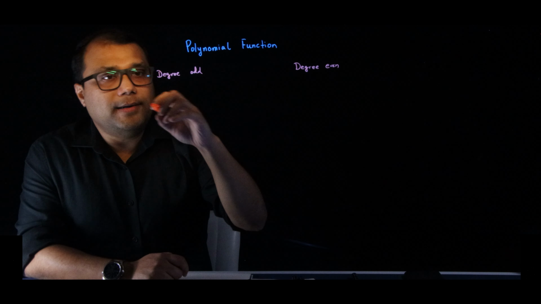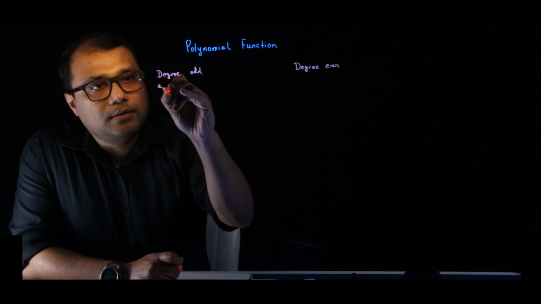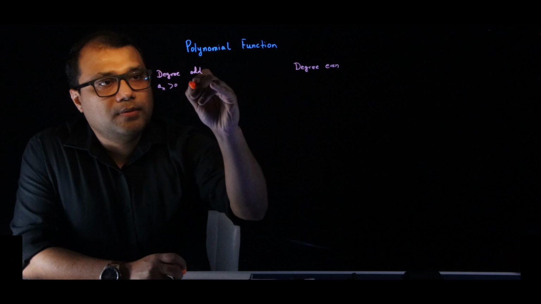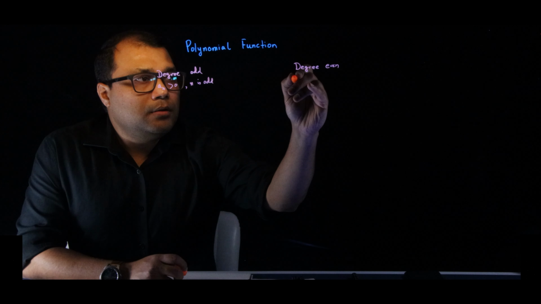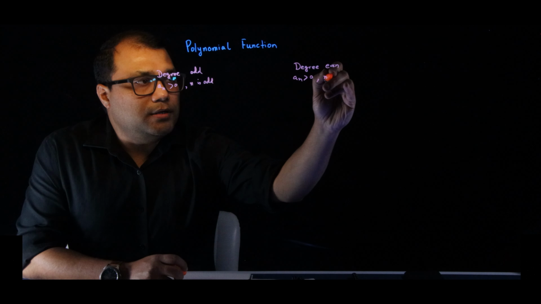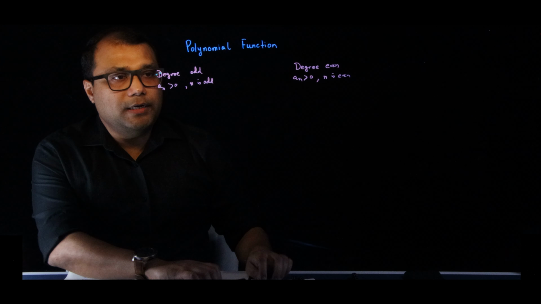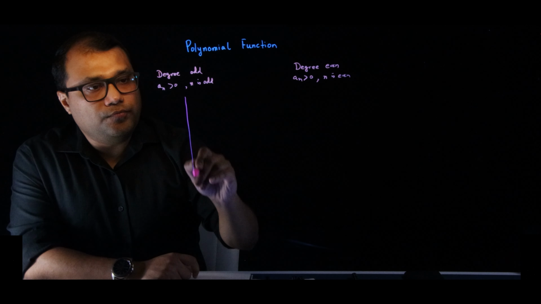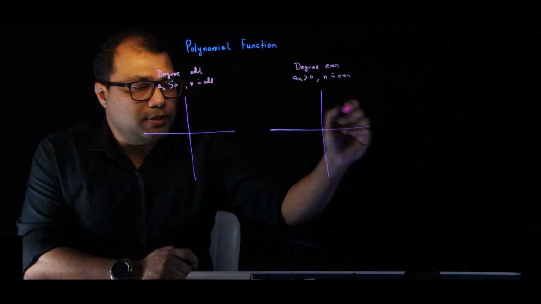Let's assume the leading coefficient is greater than 0 and the degree is odd, and here also the leading coefficient is greater than 0 and the degree is even. Now we did look at how the graphs of these two functions look, but just to remind you, let's do that one more time.